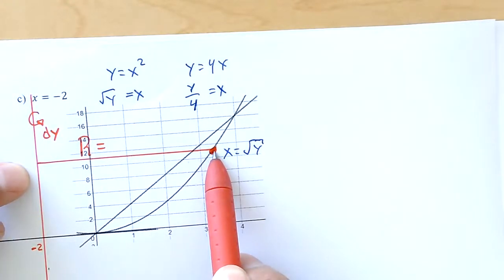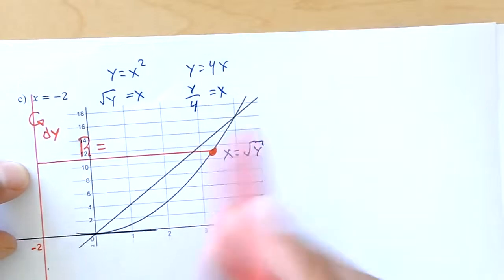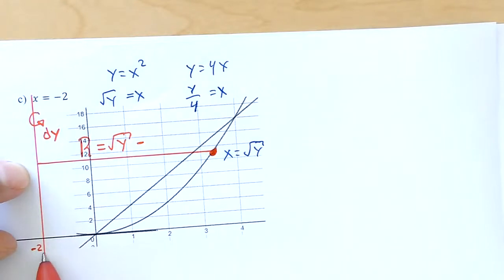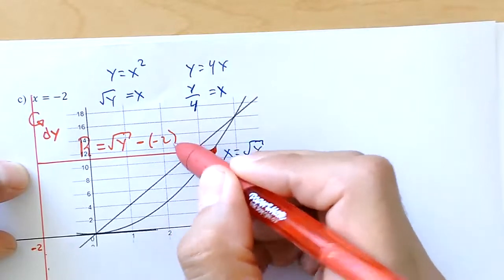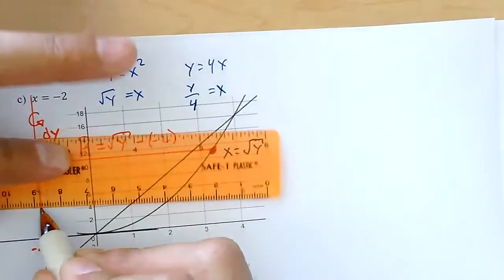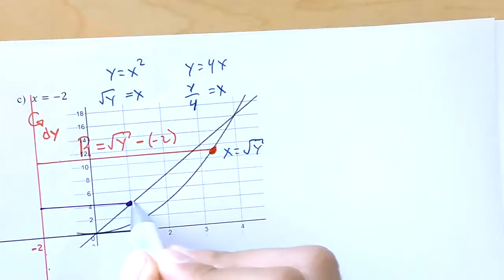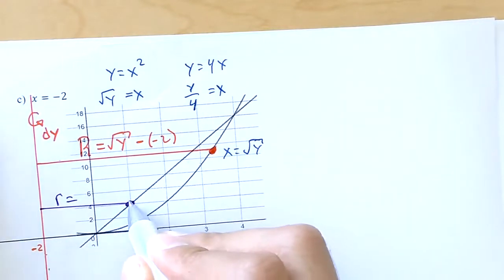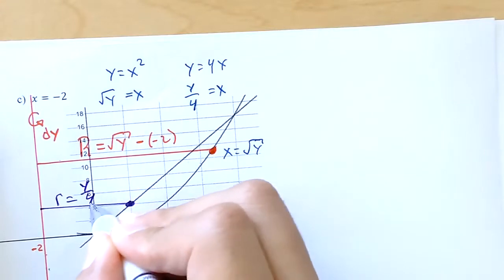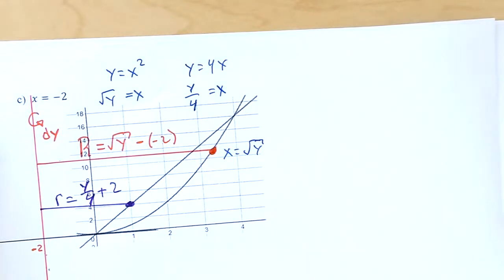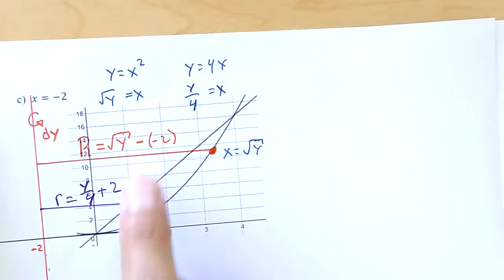Right minus left. And this left, this axis of revolution, was a -2. And when I calculate little r, I go to this curve. And so little r would be the right, which we had to solve. It was y over 4 minus a -2. So that is big R and that is little r.